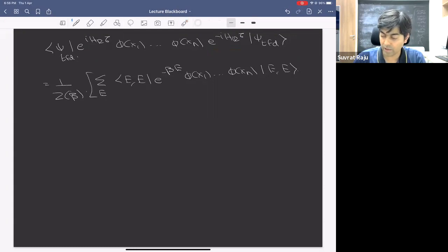Then there is another expression, a sum over E not equal to E prime, which again has a factor of e to the minus β times (E plus E prime) over 2, and a phase e to the i(E prime minus E)τ.